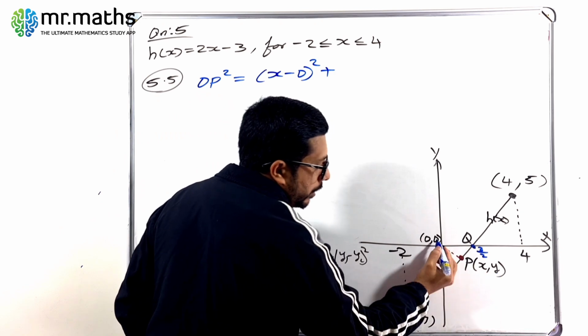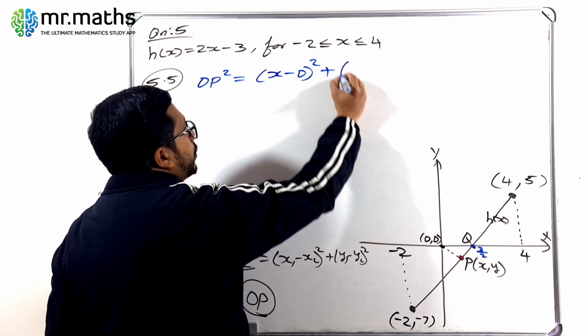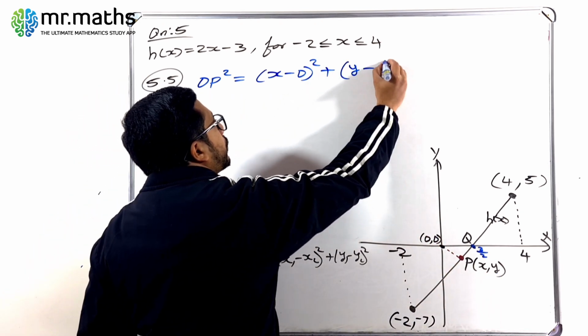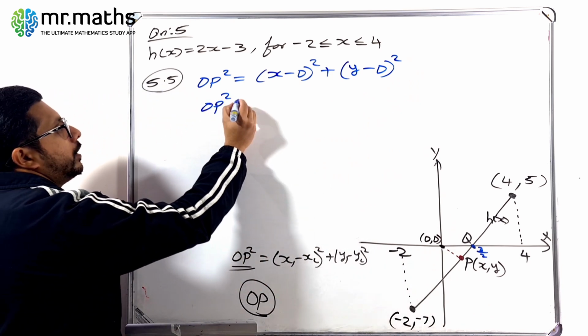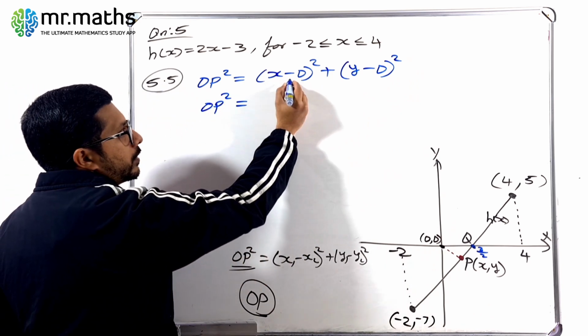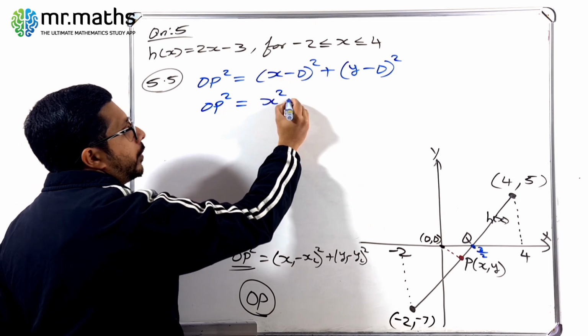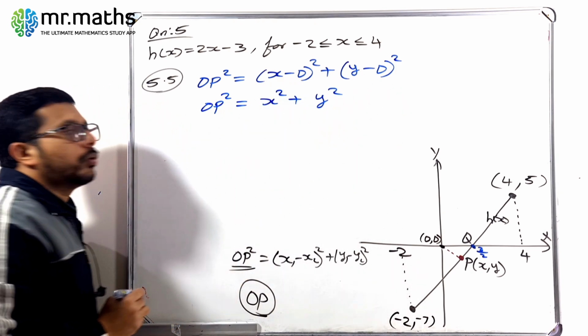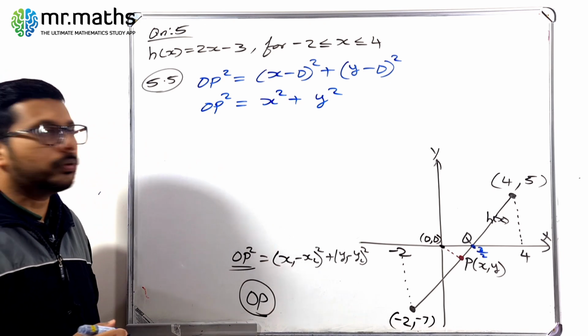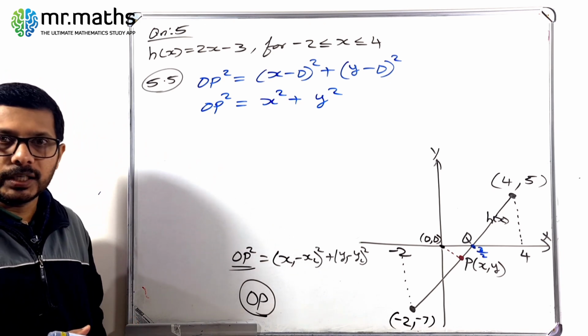That is also 0 because it's the origin, so (y minus 0) the whole square. So OP square is equal to x square plus y square.